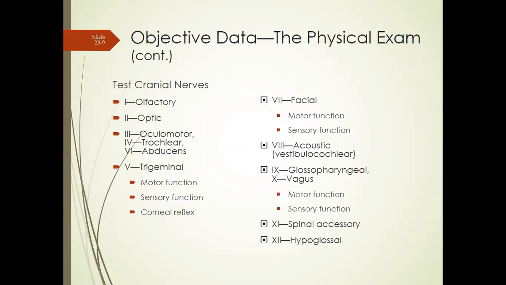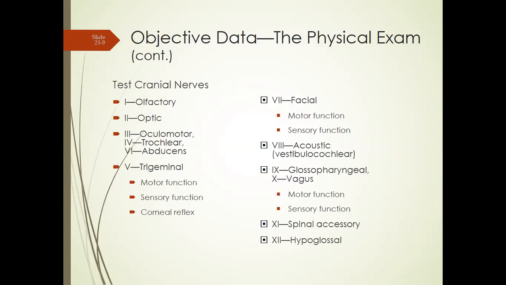Next is the fifth, the trigeminal nerve, which has motor function, sensory function, and the corneal reflex. Now we are moving on to the seventh nerve, which is facial. It has motor function and sensory function.